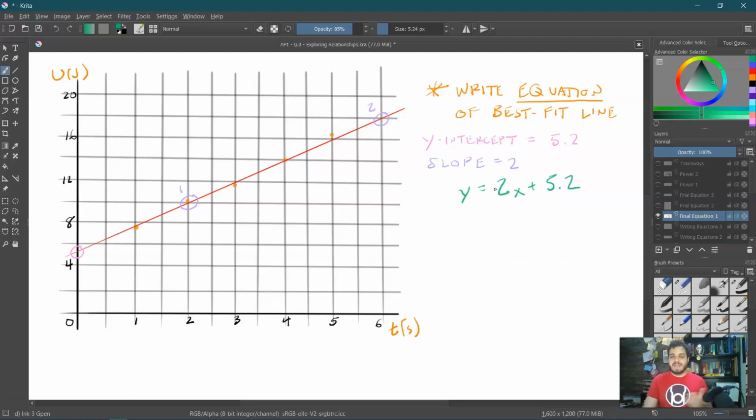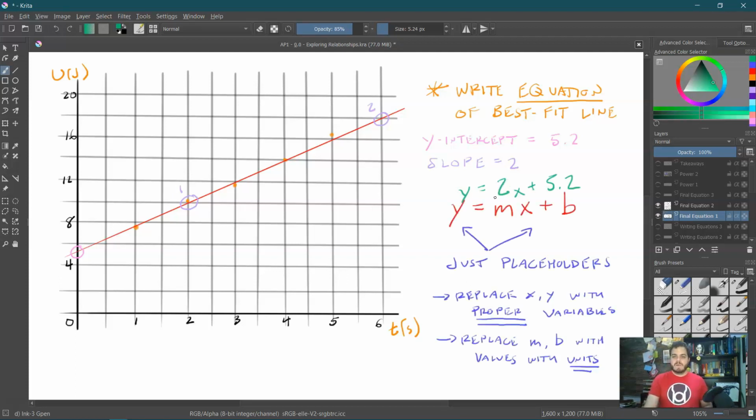Close, but no. And there's a couple reasons for that. You are right in thinking that we want y equals mx plus b form. But there is no x and y in this plot. This is not marked x, and this is not marked y. X and y can mean very specific things, and typically, in this equation, x and y are just placeholder variables that we're going to replace with real, meaningful, physical variables.